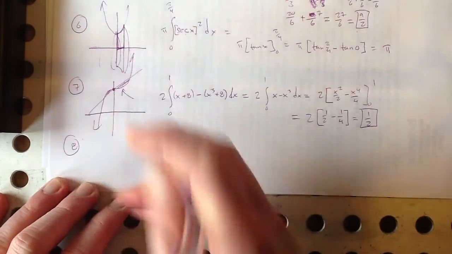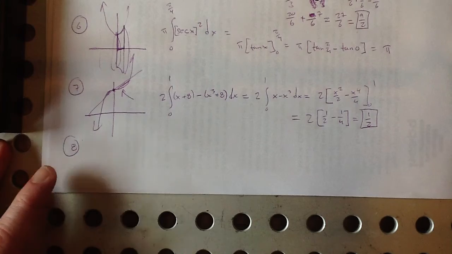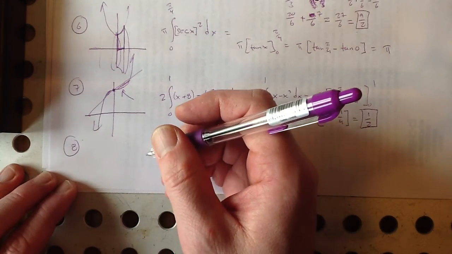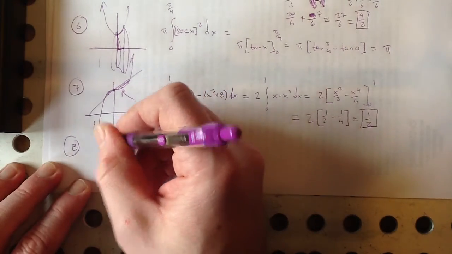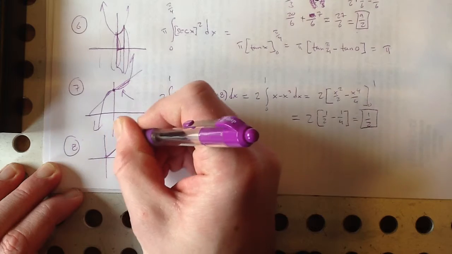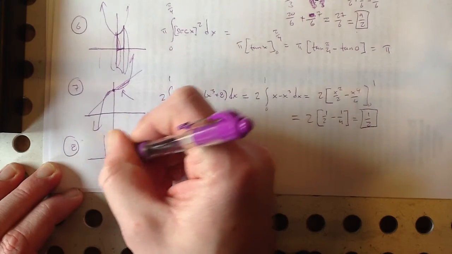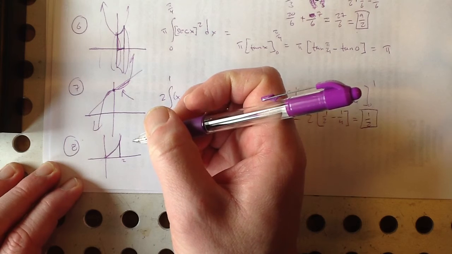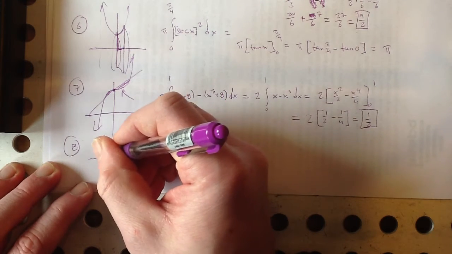See if we can squeeze in number 8 at the bottom of the page here. Region enclosed by the graph of y equals x squared, the line x equals 2, and the x-axis is revolved around the y-axis.